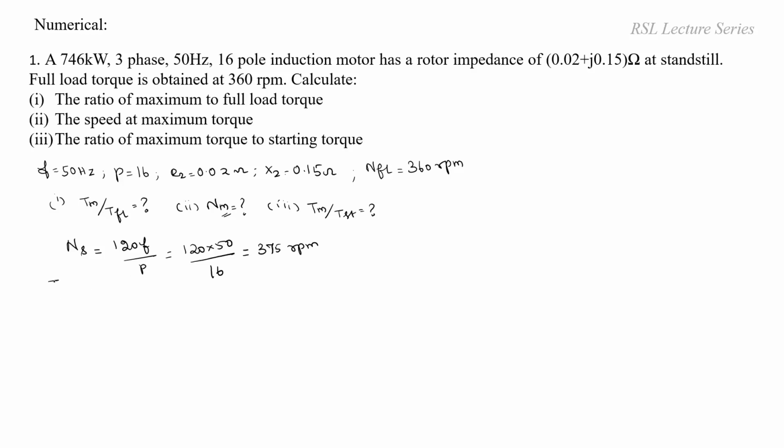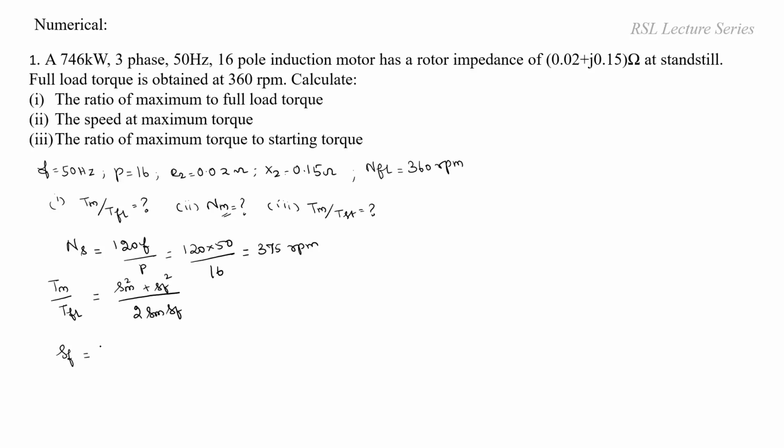So next we have to find out the ratio between Tm and TFL. So we have already derived this formula. Okay, so the formula is Sm square plus Sf square divided by 2 into Sm into Sf. Okay, so Sm is nothing but the slip corresponding to maximum torque, and Sf is nothing but the slip corresponding to the full load torque. Okay, so first we will find out Sf.